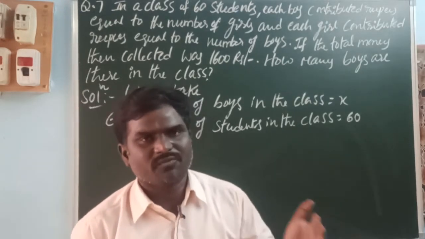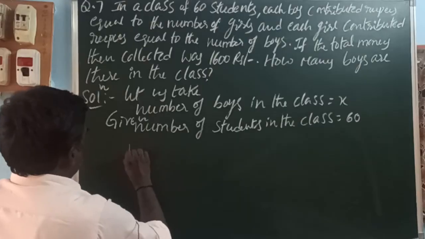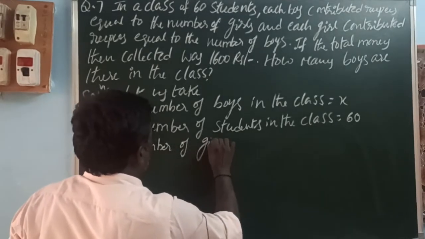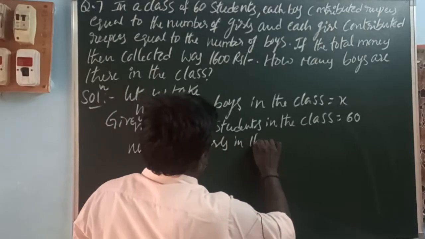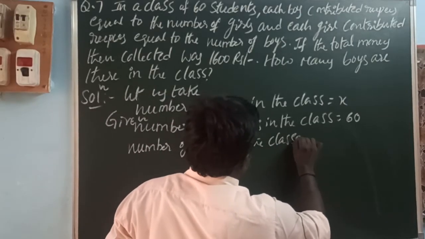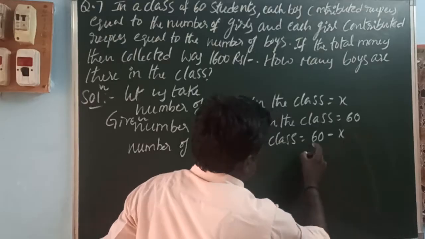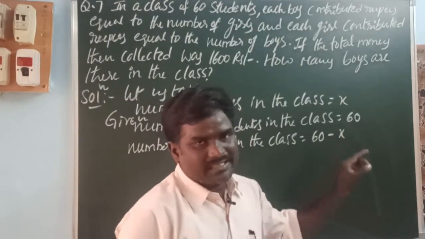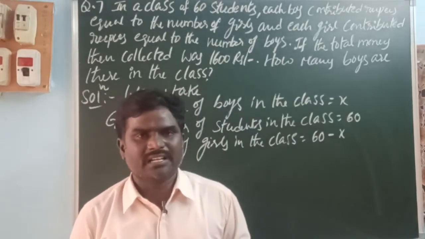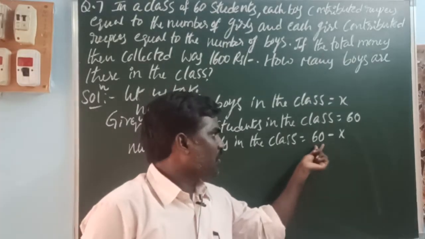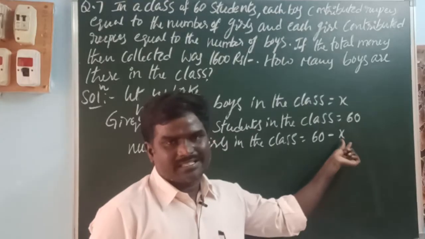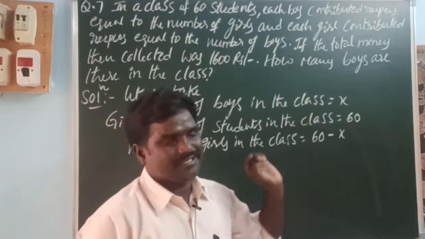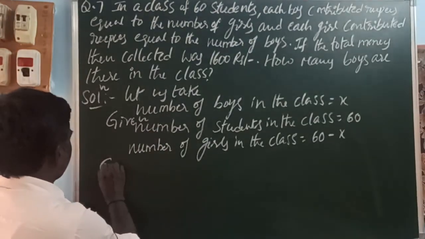So the number of girls in the class is 60 minus x. 60 is the total strength, minus x is the number of boys. In the strength there are boys and girls. So the number of girls is 60 minus x.